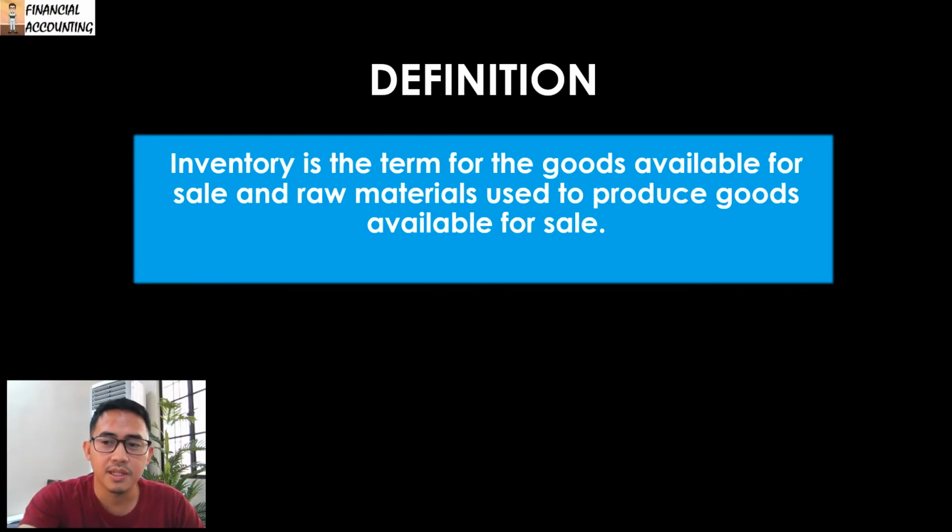Although in our previous discussions, buildings are part of property, plant, and equipment, that is only applicable if your building is used for operations. But in a real estate business, wherein the building is part of the items for sale, that is actually included as part of their inventory.